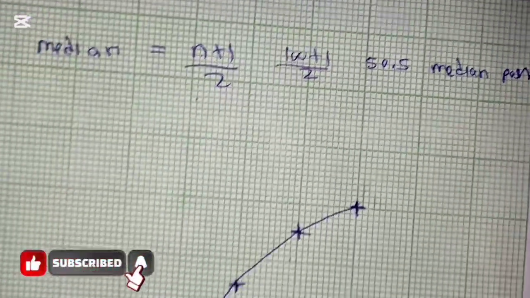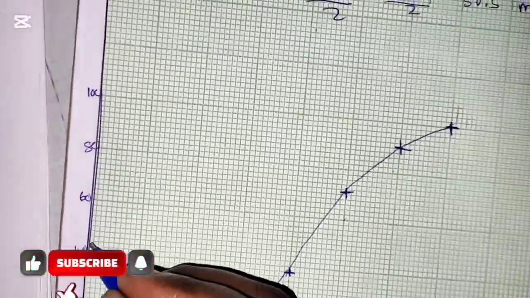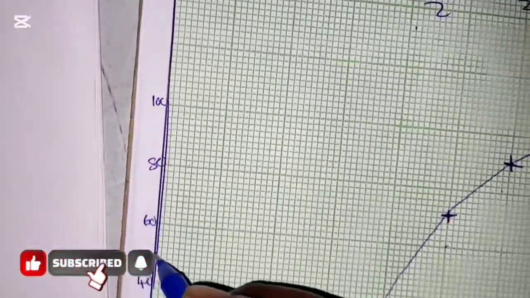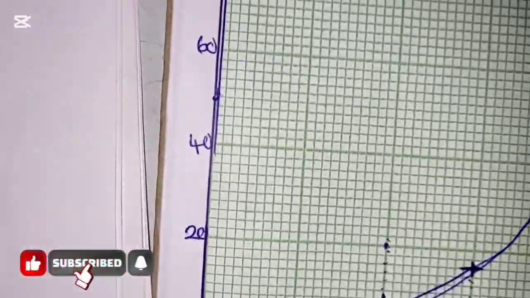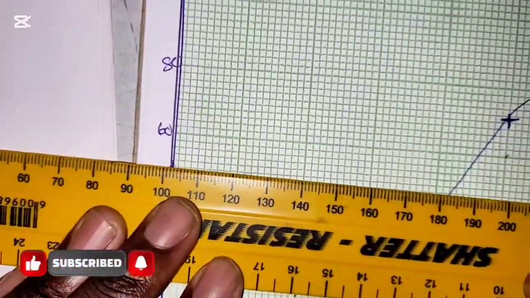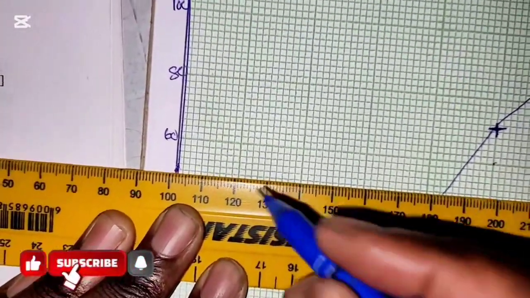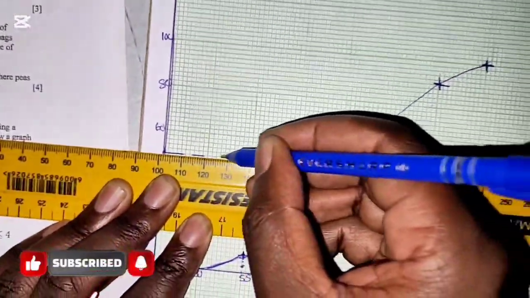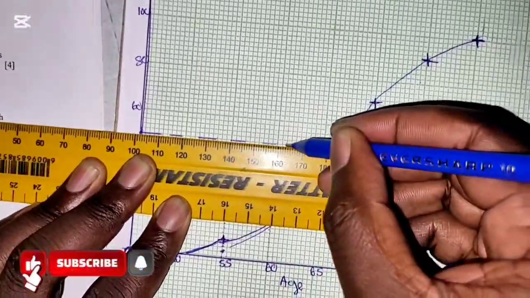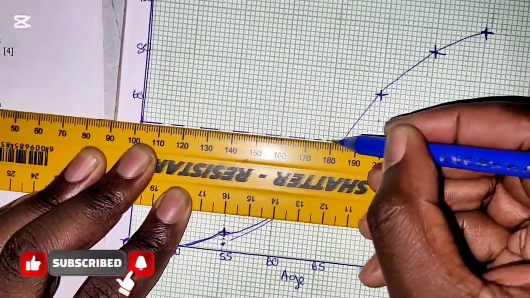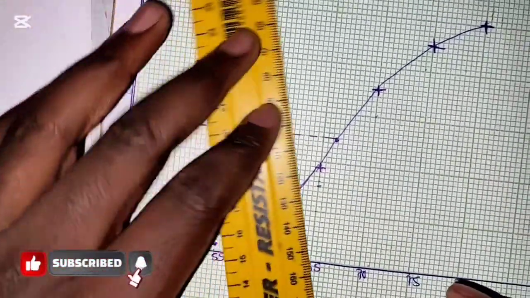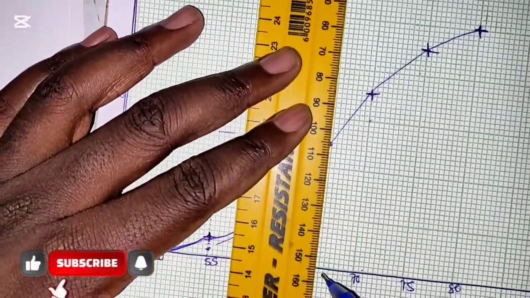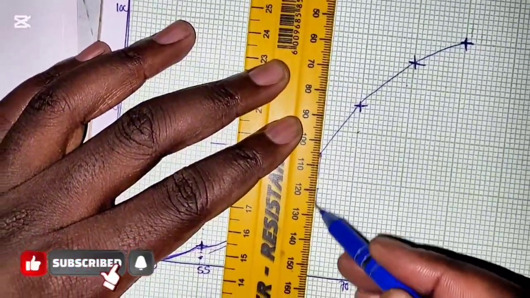So we are going to come here. 50 is right here, somewhere here, 0.5 between this box. So that's the median position. Then you come here, and the moment we touch the graph, we draw another line to the x-axis.